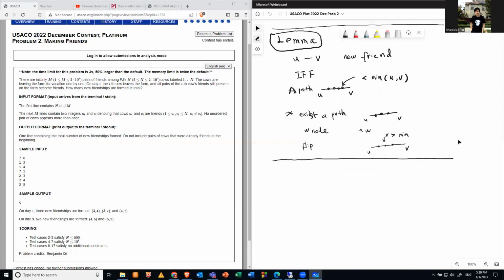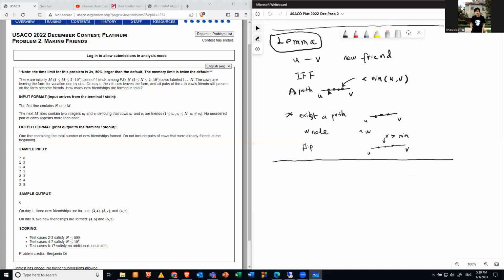So I can start counting from the smallest node first, because to build this graph, I start from node 1. It has a bunch of nodes connected to it, so those are the existing friends.